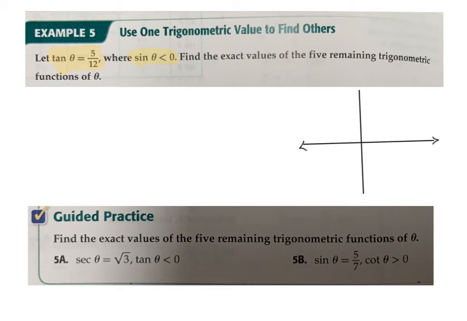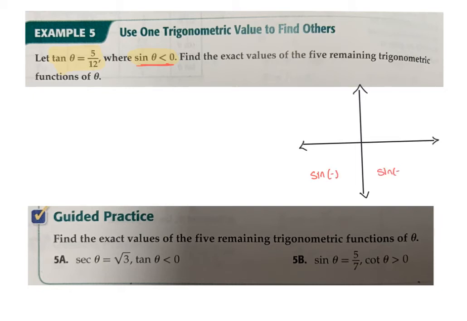Is that tangent positive or negative? What did they tell me? 5 over 12, is that positive or negative? It's positive, right? So my tangent is positive, we know for sure. Then they gave us this little bit of information. My sine is negative. So sine is negative here.